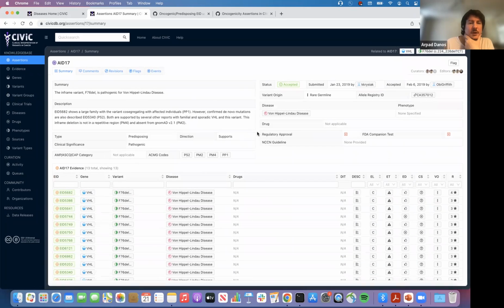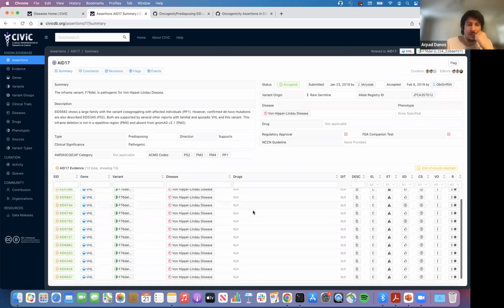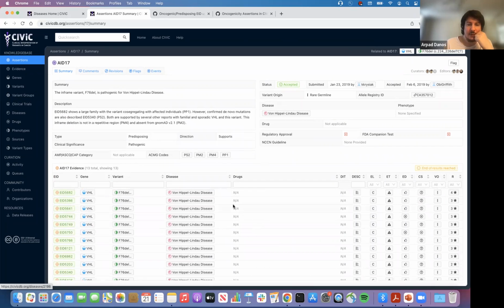Notice here how we have our ACMG codes for this germline predisposing variant, and supporting evidence items. We have a way of writing these where we talk about which codes are supported and why, and also a way of linking back to these evidence items using queries, which we still need to update some of these assertions with.